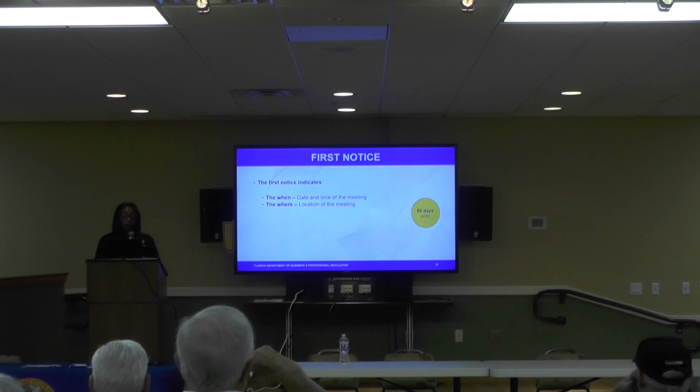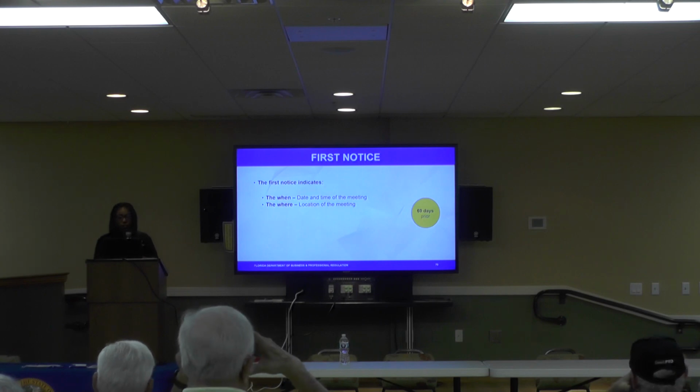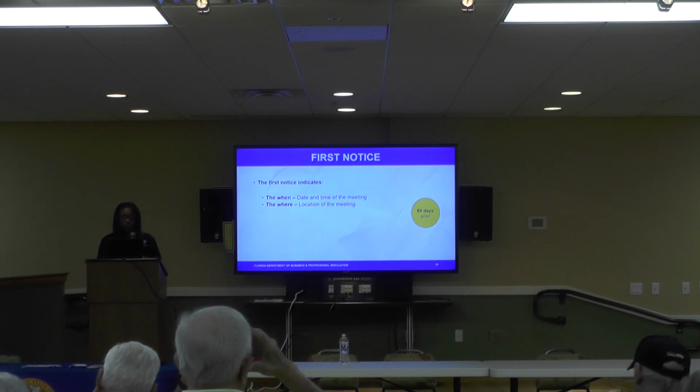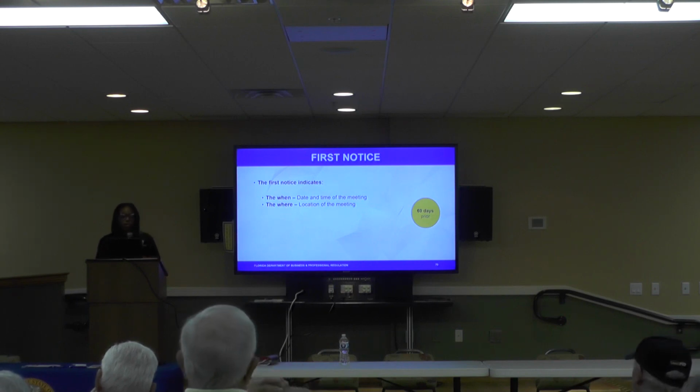That being said, there must be an annual meeting of the unit owners held at the location provided in the association's bylaws. If the bylaws are silent to where the location is, however, the meeting must be held within 45 miles of the condominium property.